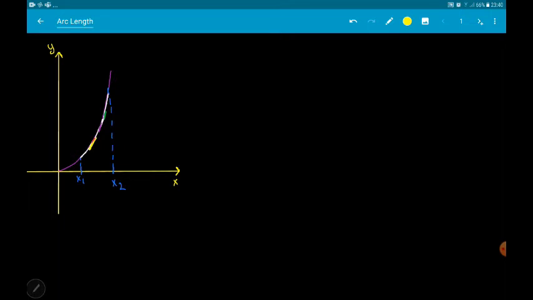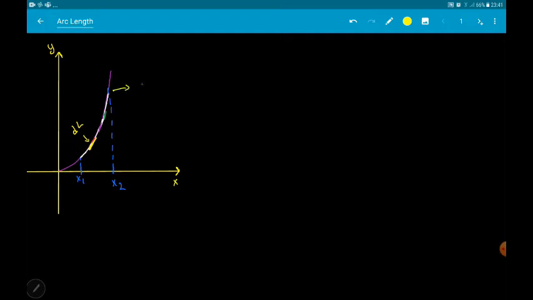I won't draw the full line because we just need a very small part of this that we assume lies on our graph. So let's call this small part dl. So this graph is actually comprised of these small parts.